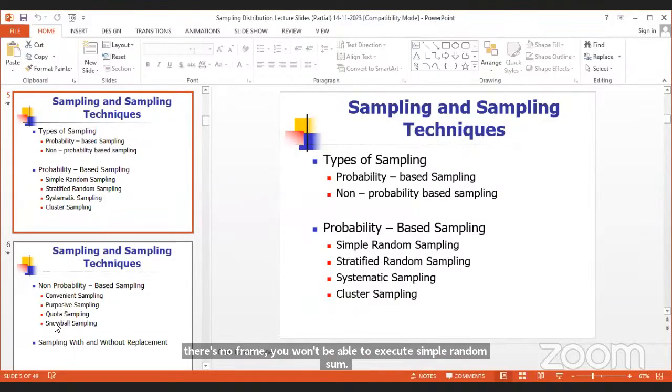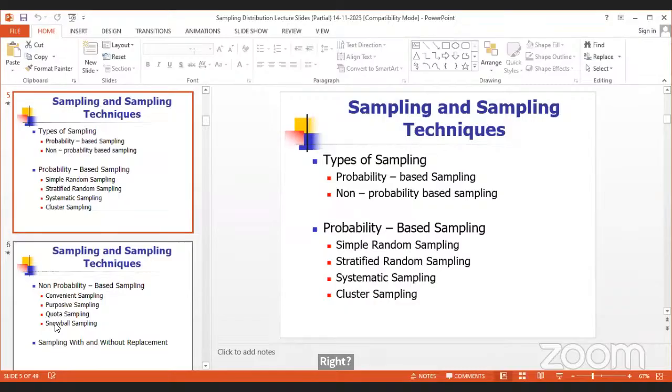So that takes us to the next one, which is stratified random sampling. Now, what's the difference? Under simple random sampling, everybody has equal chance. But there's a problem. When the population is heterogeneous, you have issues.